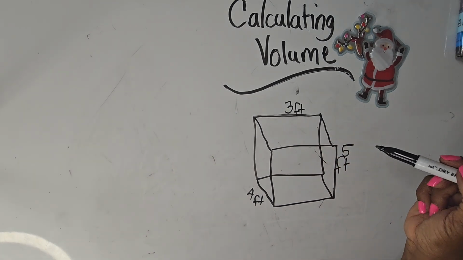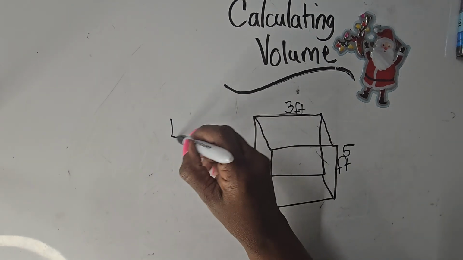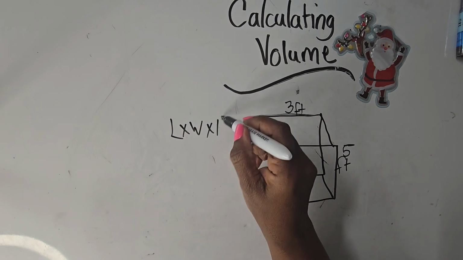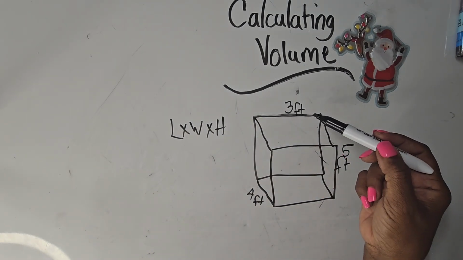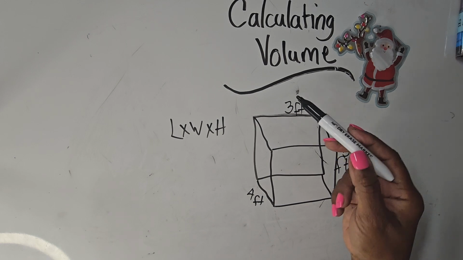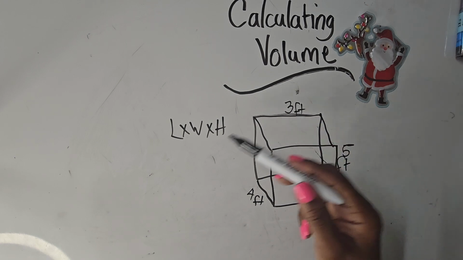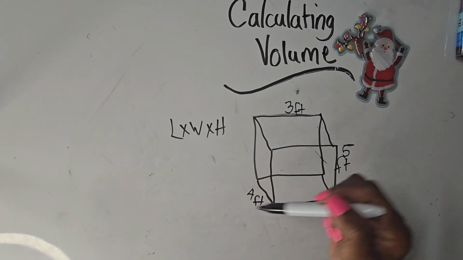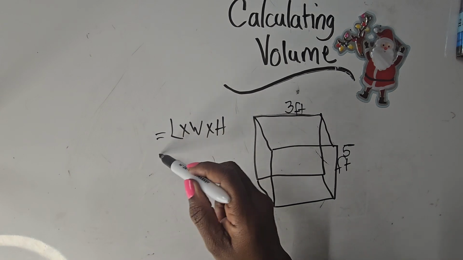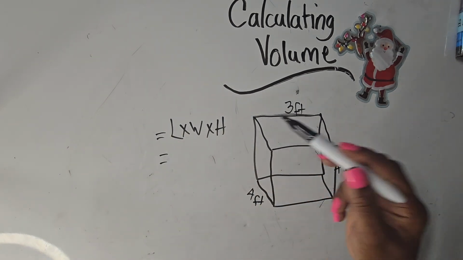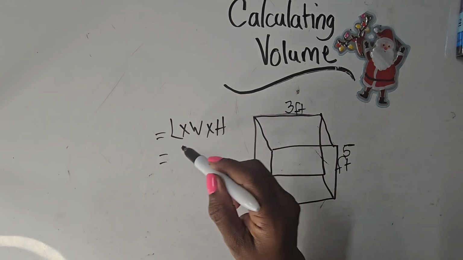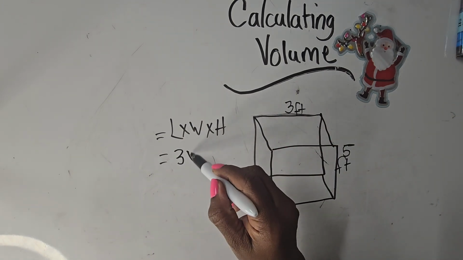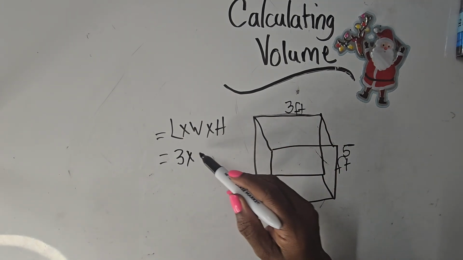Actually, it doesn't matter when you put the formula, length times width times height. Sometimes if you put the wrong side, like let's say you put the length to be 5 and the width to be something else, you're still basically going to get the same answer, but you want to stay as close to the real measurements as possible. Let's say the length is 3. That's how long it is. The width is 4.